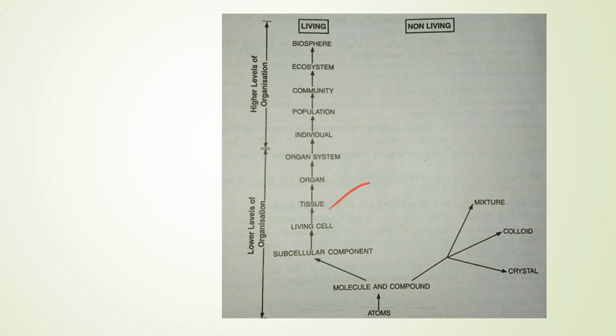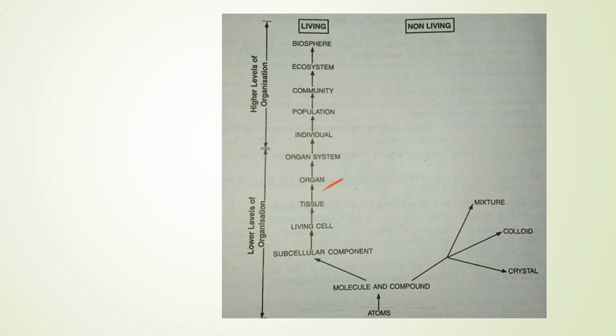Now tissues: a group of similar cells which perform the same action is known as a tissue. Then an organ: a group of various types of tissues that performs a set of functions is known as an organ, like the heart for pumping, the kidney for purification and sometimes circulation too, and the lungs for purification of air, inspiration and expiration.